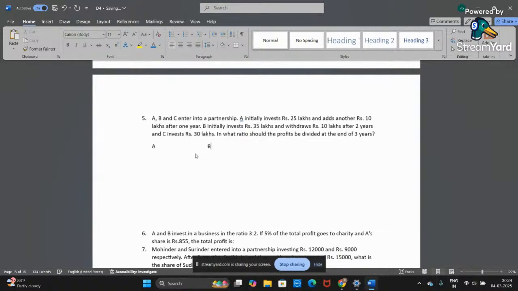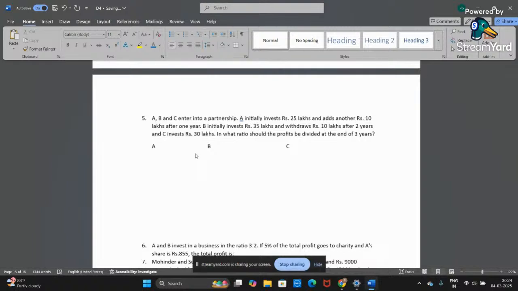A, B, C enter into a partnership. A initially invests 25 lakh. Let's take it as 25. Then B invests 35 and C invests how much? A, B, C enter into a partnership. A initially invests 25 lakhs and adds another 10 lakh after 1 year.